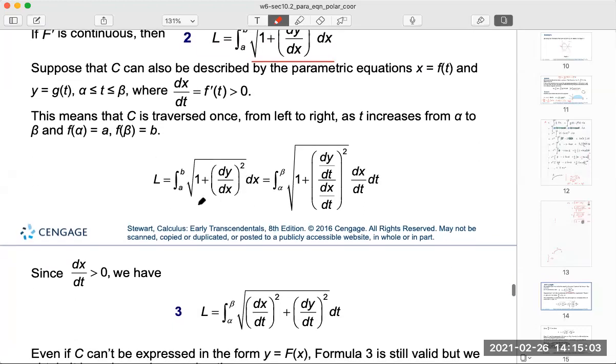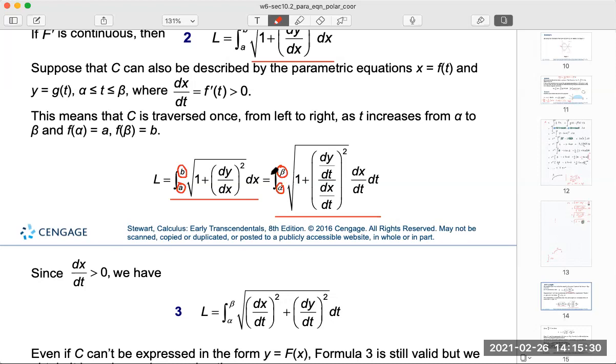Then we can write this integral in terms of t. We can make a change of variable, so we can write everything in terms of t. But now the lower limit a corresponds to the value of alpha, and the upper limit b corresponds to the value beta here.